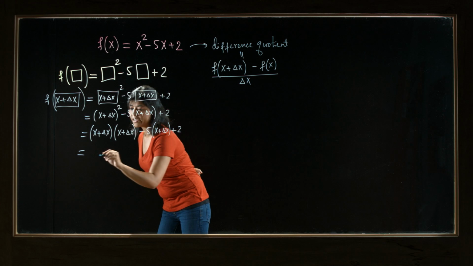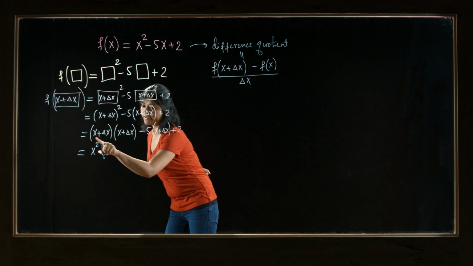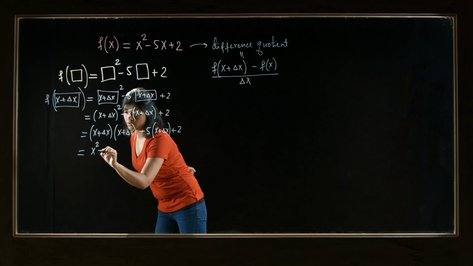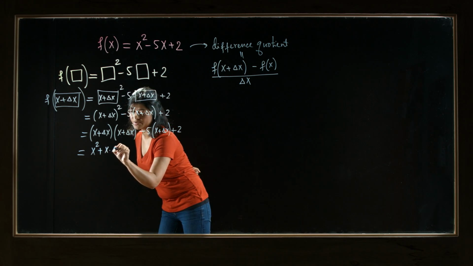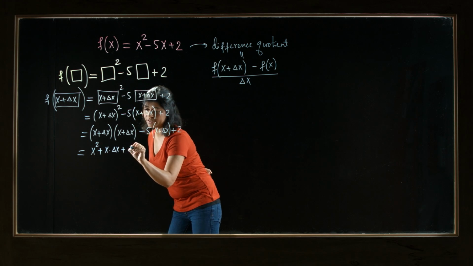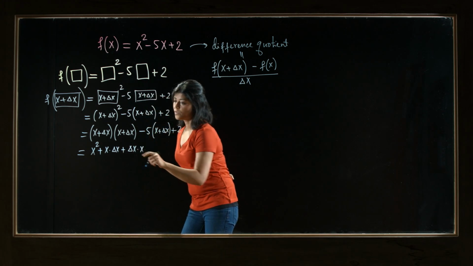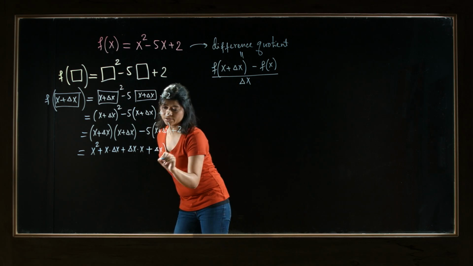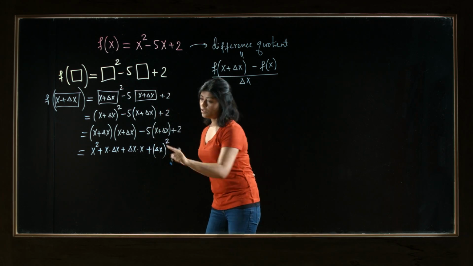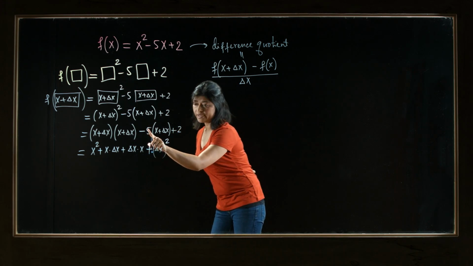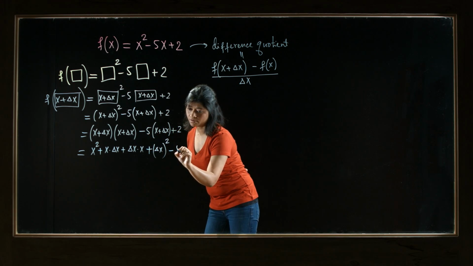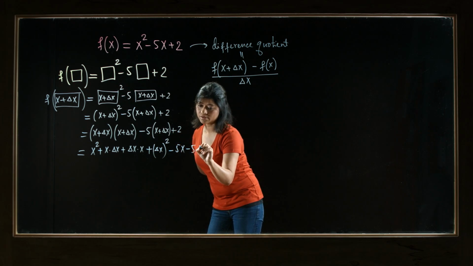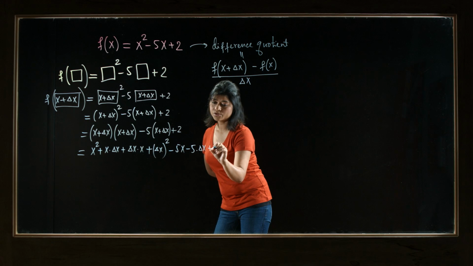Now let's FOIL. x times x, you have x squared, then you have x times delta x and another delta x times x. So let's write it down separately. One is x times delta x, and you have delta x times x. And the last one is delta x times delta x, so delta x squared. Now let's also distribute the negative 5. So you have negative 5x, and you have a negative 5 times delta x, and we have the plus 2.